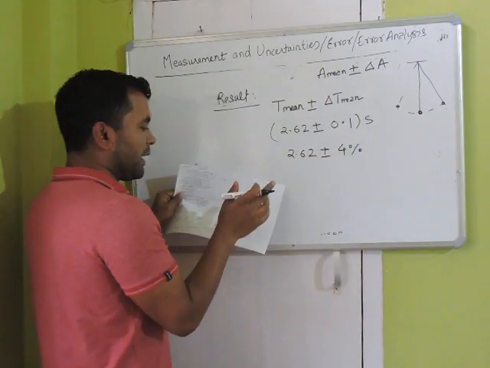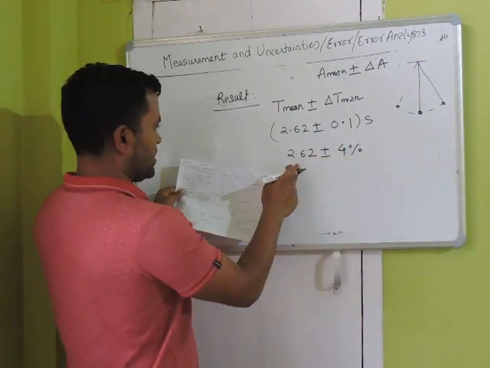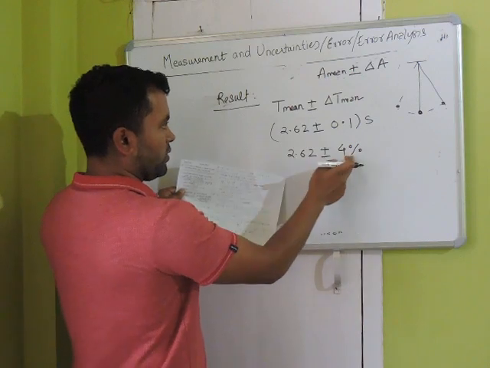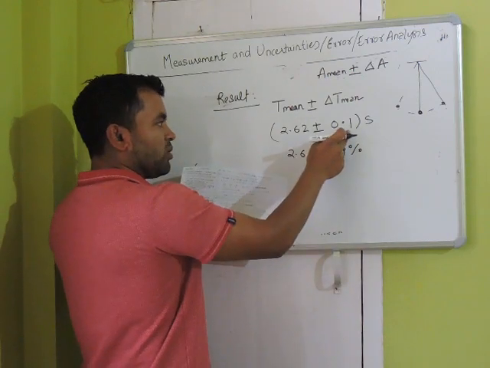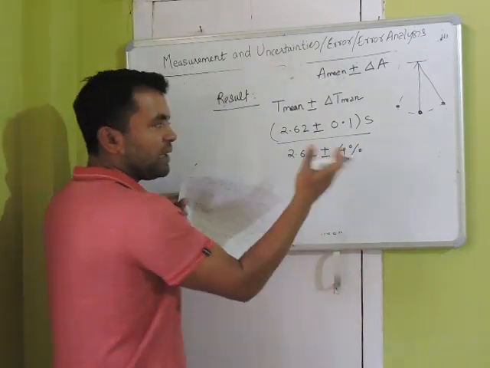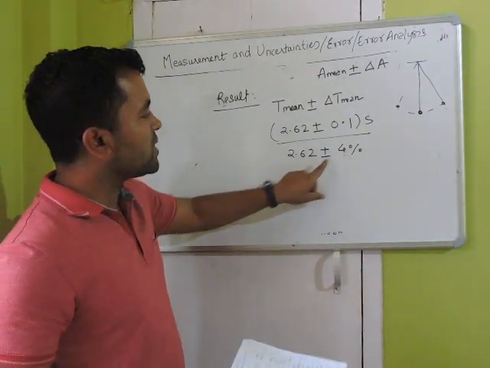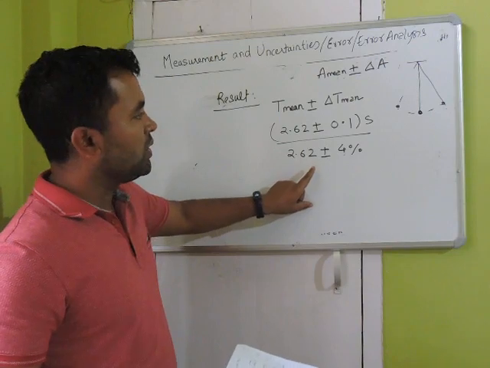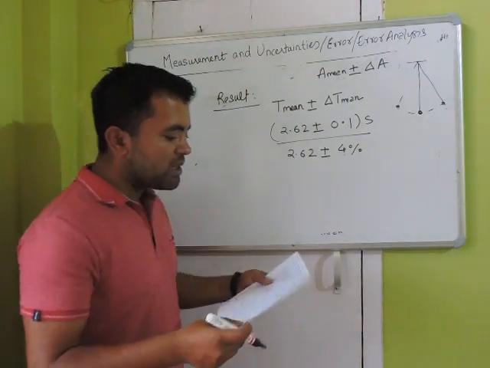Now you can all calculate 4% of this. 4% of this will come out to be this only, but generally it is represented either like this, or like this. 4% here only means 4% of this, which is 0.1. Now this is the representation.